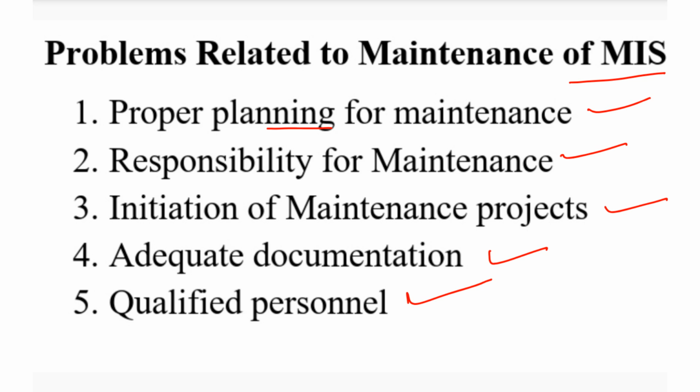So till now what we discussed was regarding system maintenance, how to maintain, and why it is very important. So why is maintenance important? To ensure the smooth functioning of any information system, MIS, maintenance is very important.